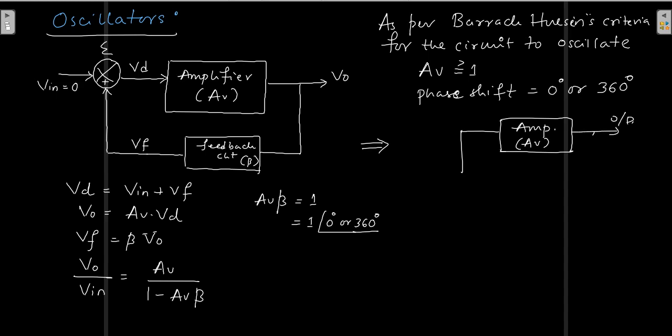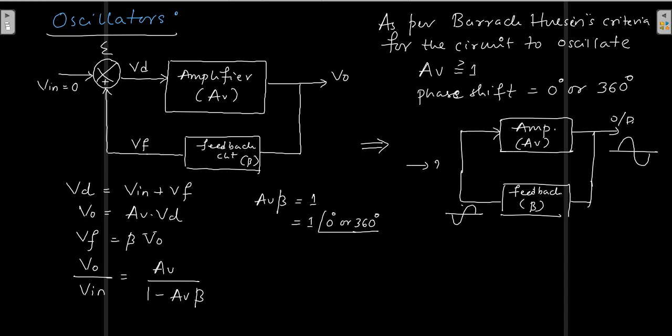Then this output is fed back, this is the feedback with the beta, and let us say it will have small oscillations here, and these oscillations become sustained oscillations at the output, right? So this is how the circuit works without giving any input, so your Vin is equal to 0, right?